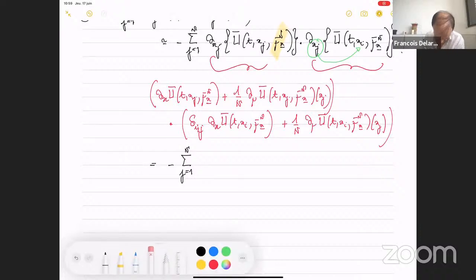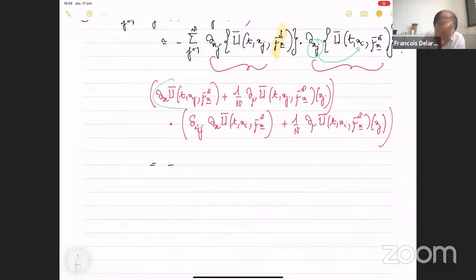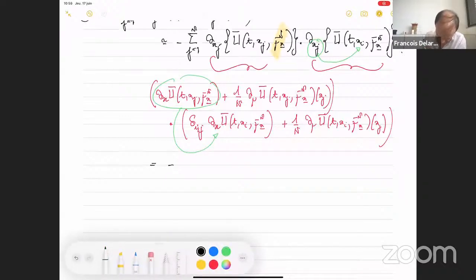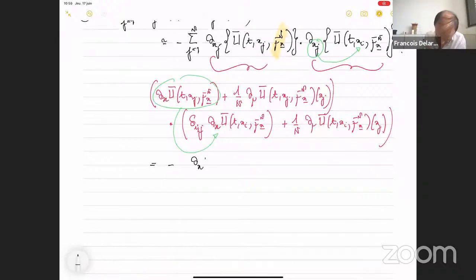The first thing is that I have this term acting on this one. But this is only if i is equal to j. So at the end of the day, I just have dxi u t xi, because i has to be equal to j. And so this is squared.